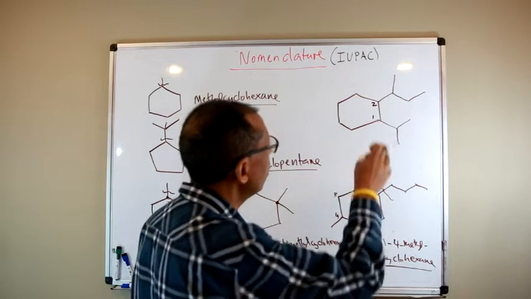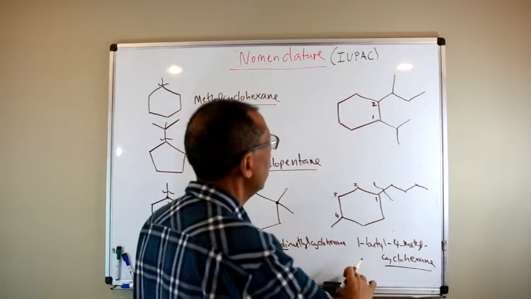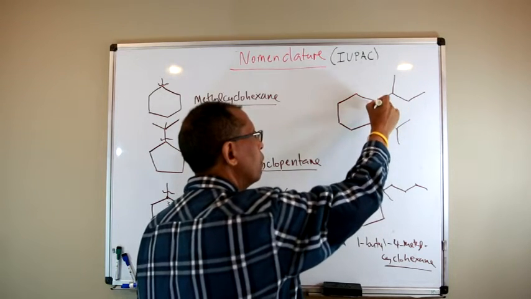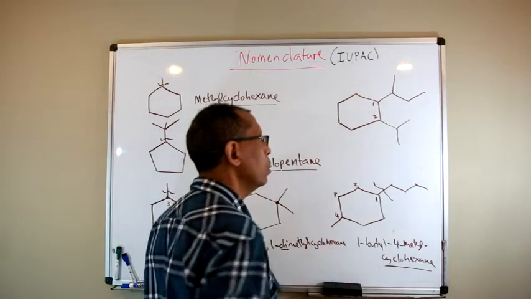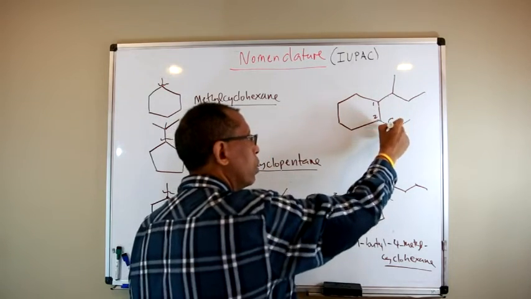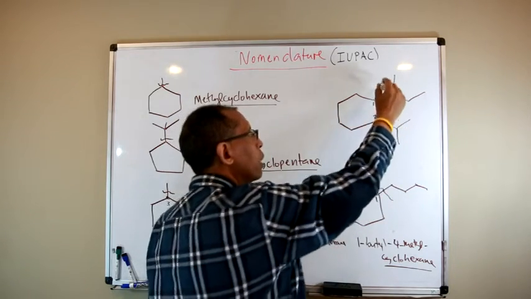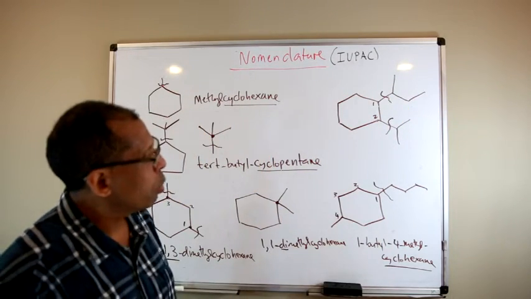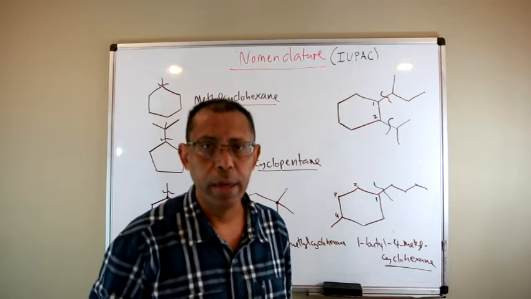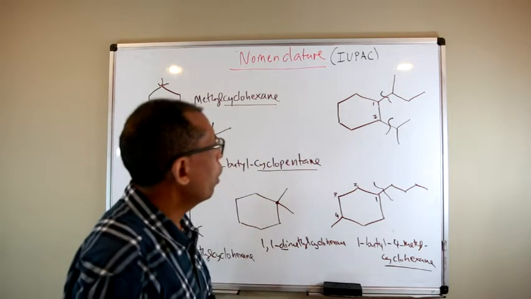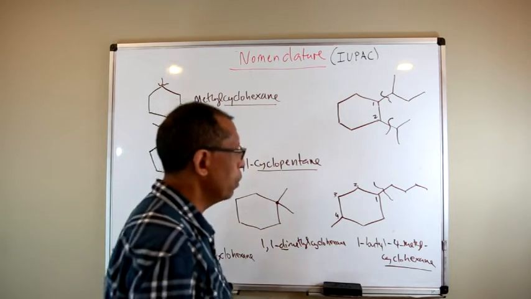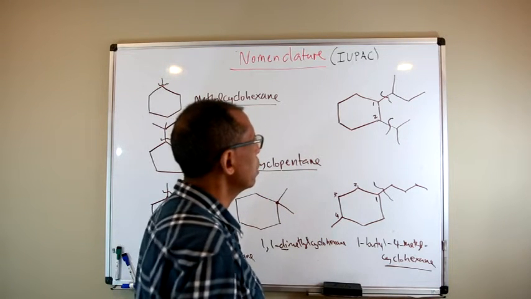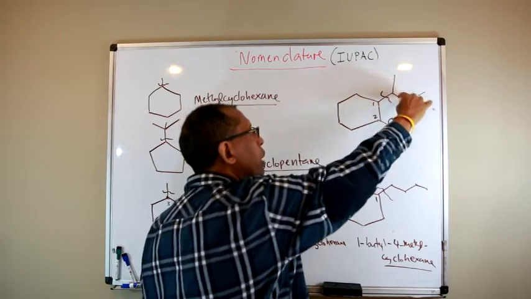So based on the number of carbons, I would say the 1 position would be the one with more carbons. This is 1 and this is 2 because you have a substituent with 3 carbons here, a substituent with 4 carbons there. So the substituents are at position 1 and 2. So how do you name this? If you remember from our last discussion on substituents, at 1 position you have sec-butyl.